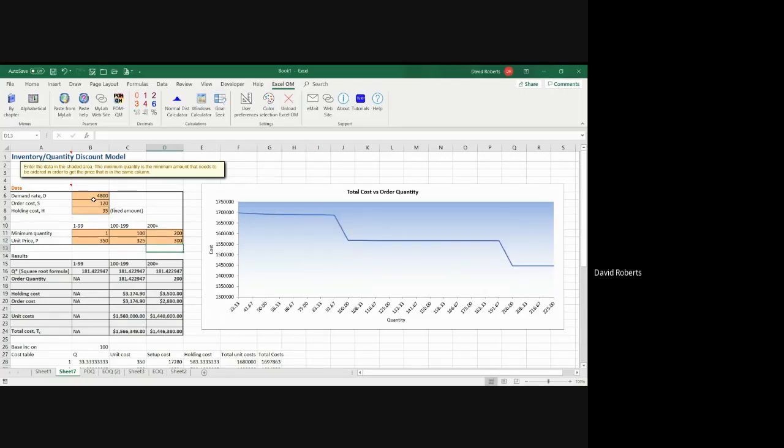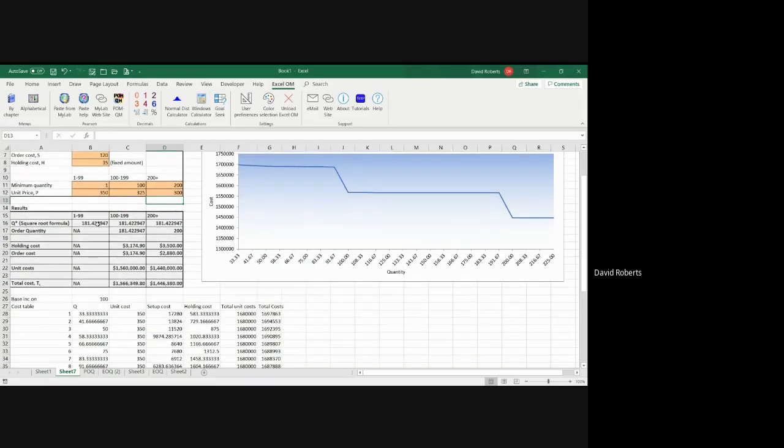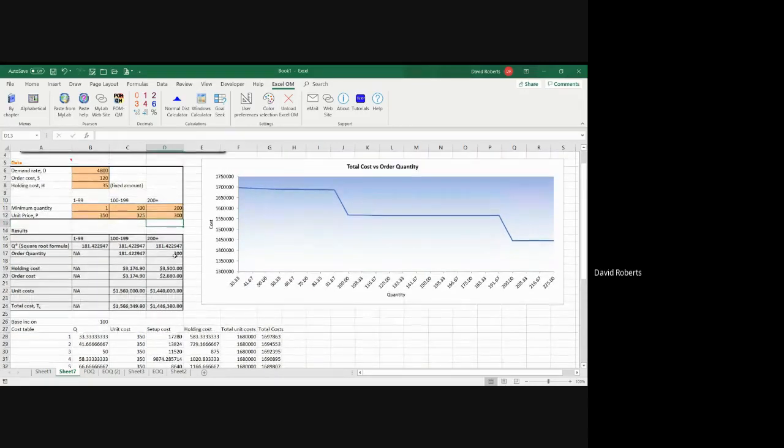Now, what is the optimal order quantity? So the optimal order quantity in this case is a little harder to read. To order, purchase, and hold these. So in this particular case, the optimal order quantity and the minimum cost. The optimal order quantity would have normally been 181.422, but you can see that if the company orders 200, which is column D, their annual cost will be lower than if they order 181.